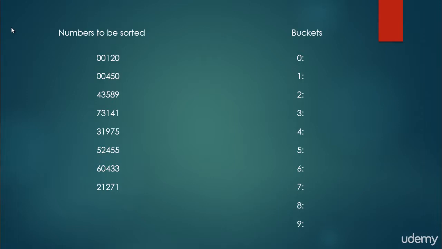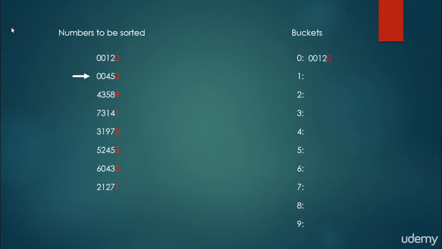We have numbers to be sorted, and we have buckets. It's kind of a bucket sort. The buckets represent 0, 1, 2, 3, 4 and so on up to 9. It is just the characters, and we start from the least significant digit and keep putting these numbers into the given buckets. We put 120 into the 0 index bucket, because its last digit is 0.